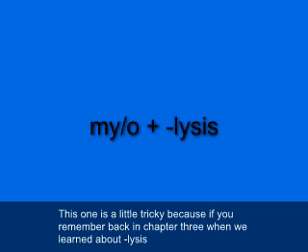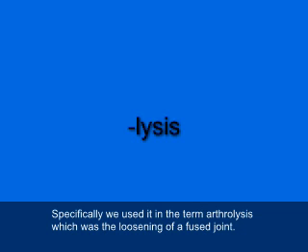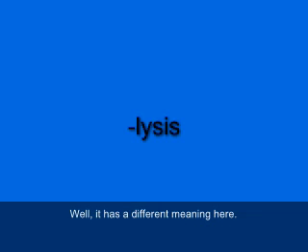This one's a little tricky because if you remember back in Chapter 3 when we learned about lysis, we used that as part of a procedure, which meant the loosening of something. Specifically, we used it in the term arthrolysis, which was the loosening of a fused joint. Well, it has a different meaning here.